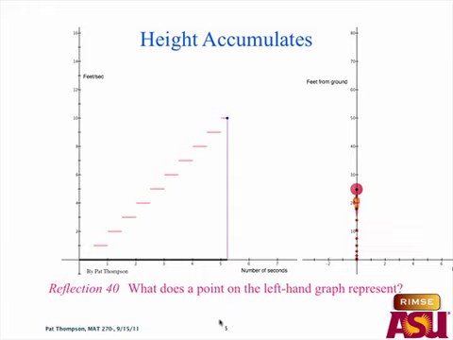It would have to be that given time, not any given time. Yeah, so it's a specific velocity at a specific time. Remember, a point is two pieces of associated information. In this case, number of seconds and speed, or velocity, or the rate of the ball.